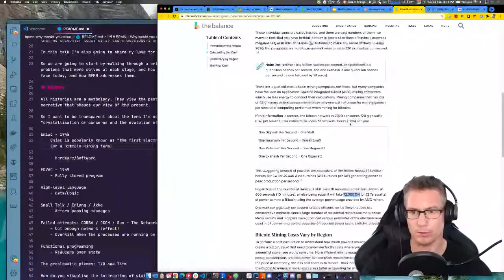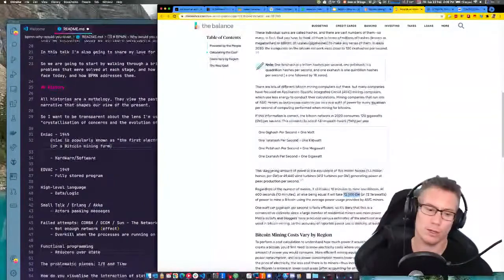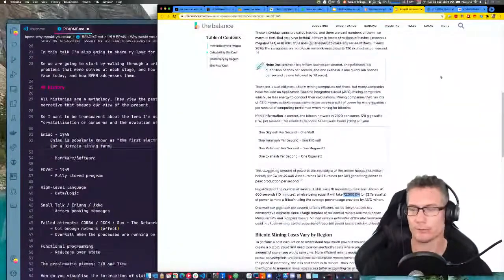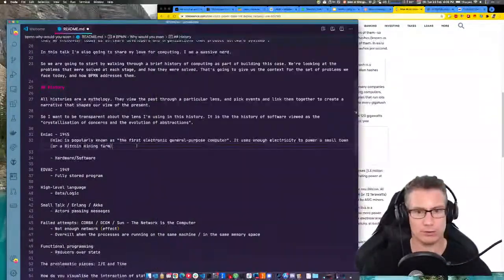So, okay, that's enough power to mine 1 cent of a Bitcoin. Yeah, okay, so that's interesting.